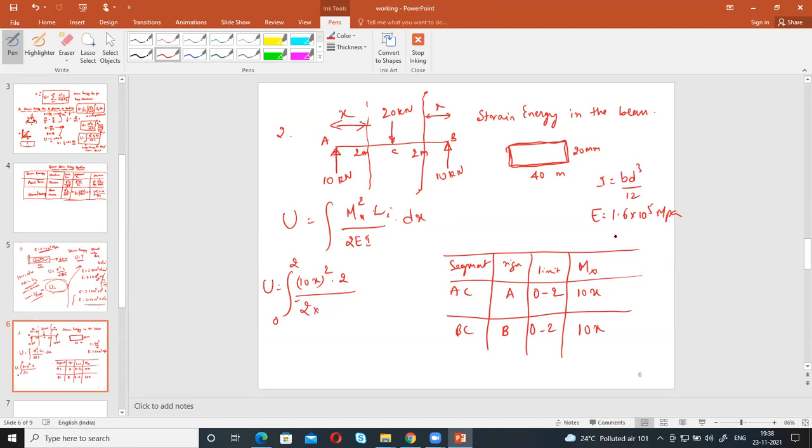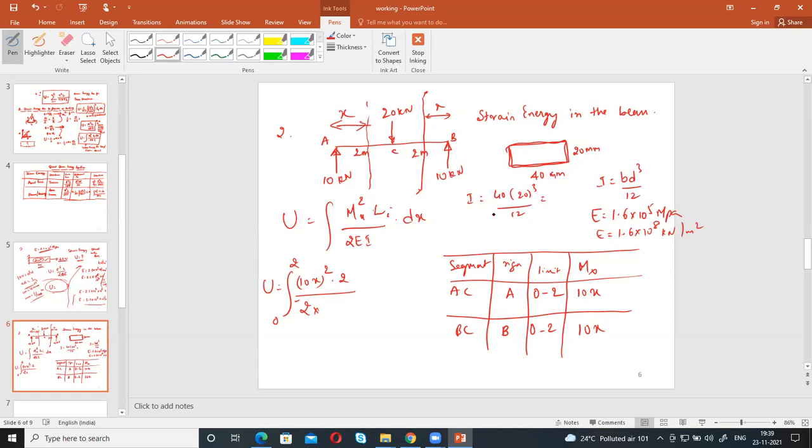Here, how much E value are you getting? 1.6 into 10 power 8 kilonewton per meter square. I equals BD cube by 12. How much is the I value? 40 millimeter, into D cube, 20 cube by 12. How much are you getting?